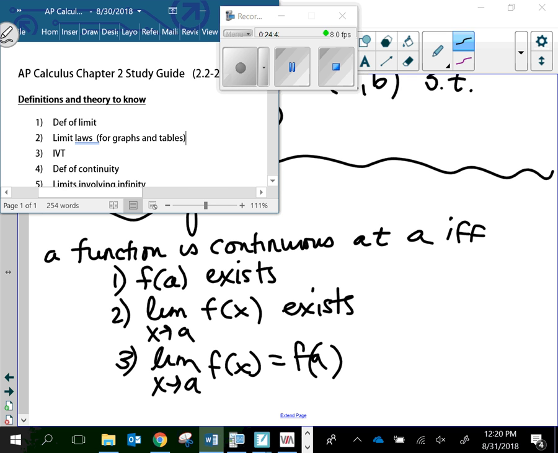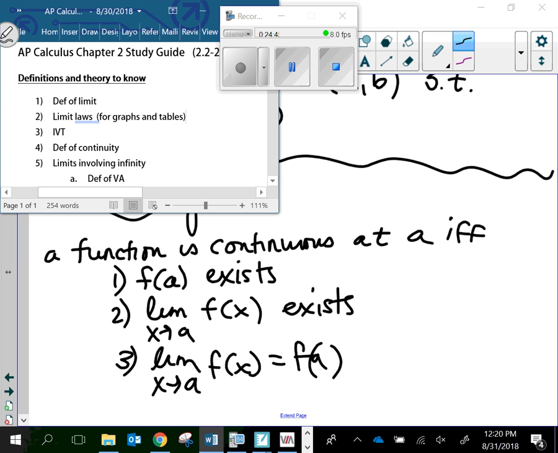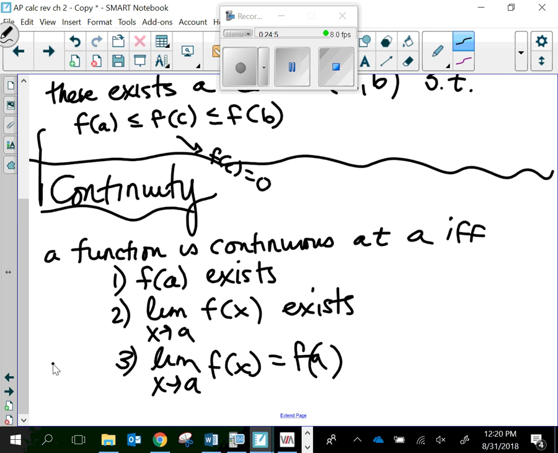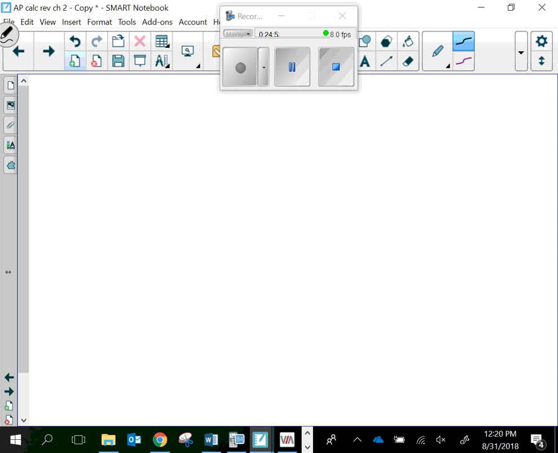Then we have limits involving infinity. Remember, that's where the vertical asymptotes and the horizontal asymptotes come from. So who can tell me how we get a vertical asymptote? x equals a is a vertical asymptote if what? What are we doing when we get vertical asymptotes?